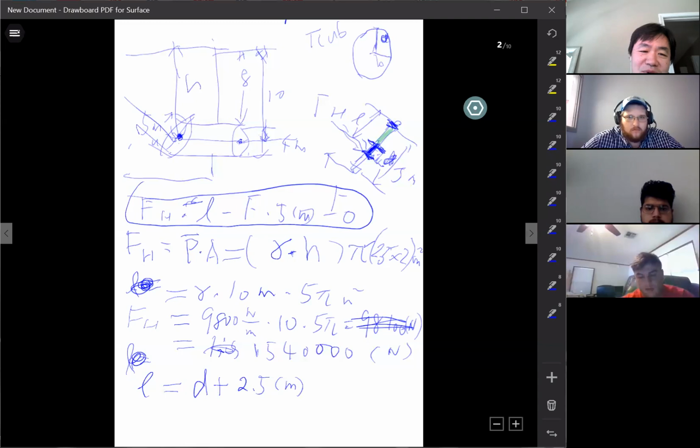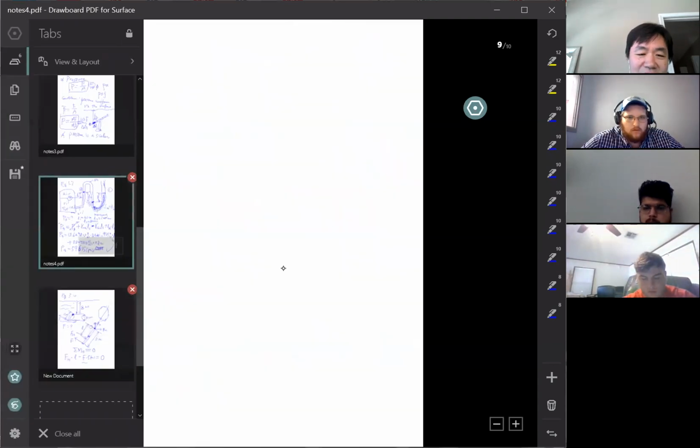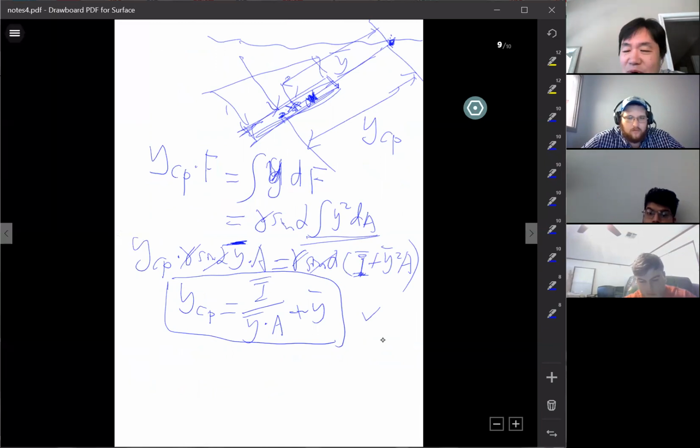Let me turn to the previous slides here. This is the YCP equation. If I rewrite this equation, I move the Y bar to the left-hand side. What does it look like?